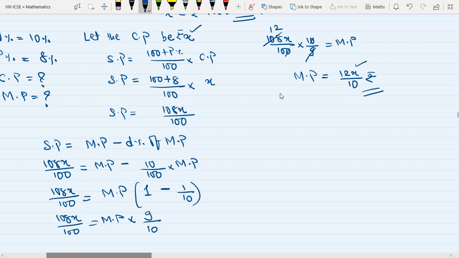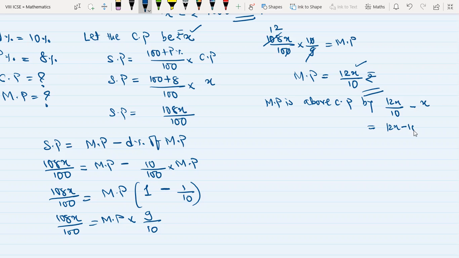Now we know that mark price is above cost price by 12x by 10 minus x. 12x by 10 minus x, that is 12x minus 10x by 10, that is 2x by 10, that is x by 5.